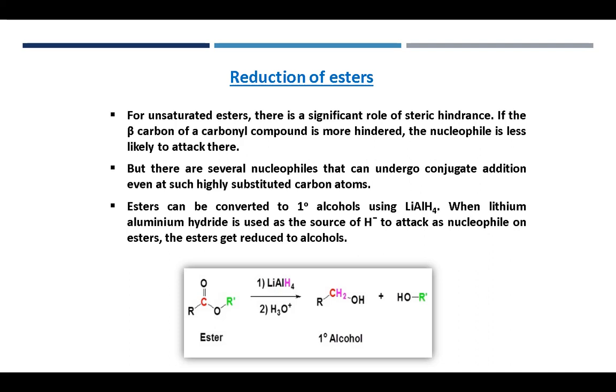But there are several nucleophiles that can undergo conjugate addition, even at such highly substituted carbon atoms. For example, you can see this particular reaction, where the reduction of an ester using sodium borohydride will give you the particular product, that is, alcohol.